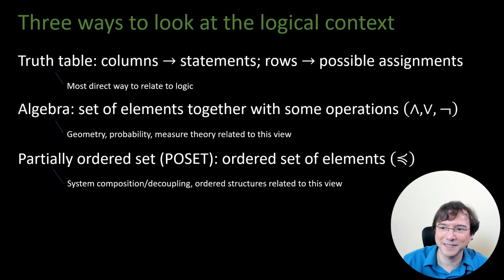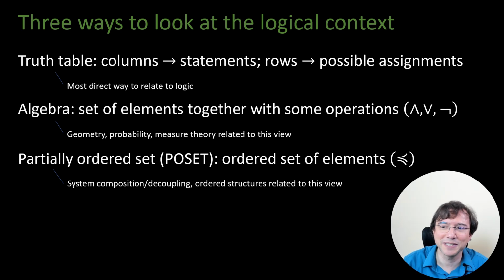Then we can see this as a partially ordered set, in terms of ordered sets of elements, as we saw before. And things like order structure, as I said before, when we have ordering on numbers, that ordering actually is, let's say, a projection of this type of ordering from the logical structure.